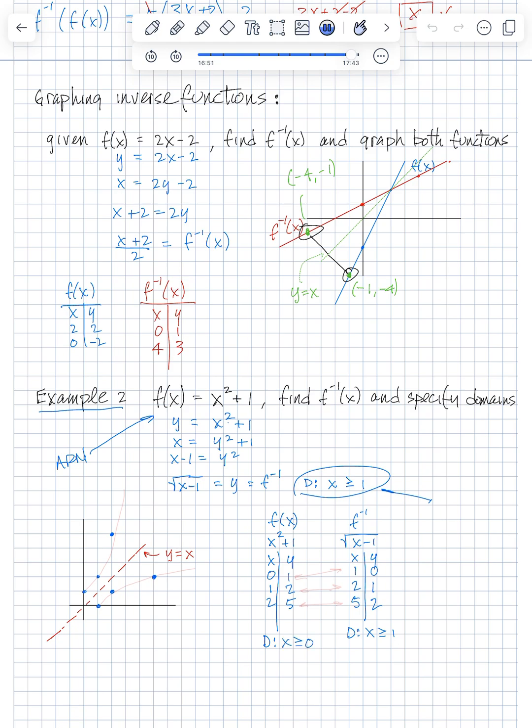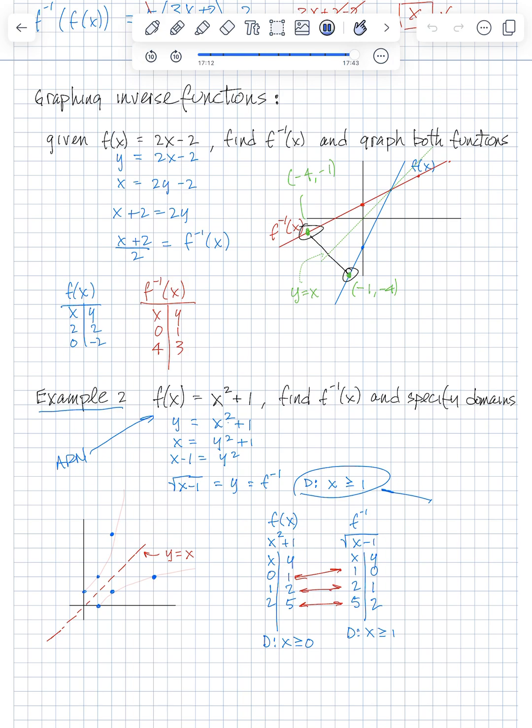The other thing to notice on these xy tables is they're reversed. The point 0, 1 becomes 1, 0, and so on. 1, 2 becomes 2, 1. 2, 5 becomes 5, 2.